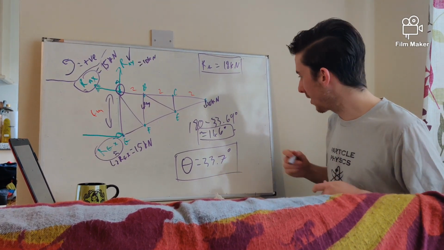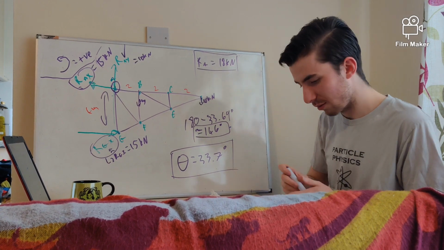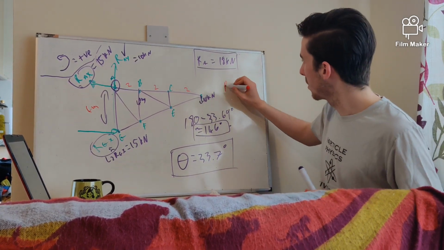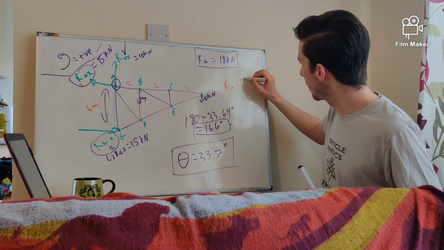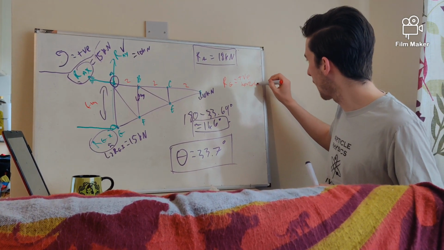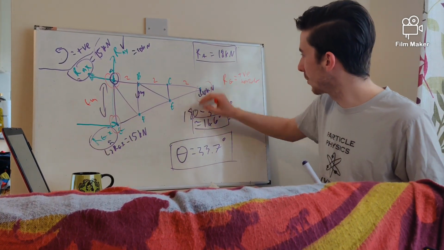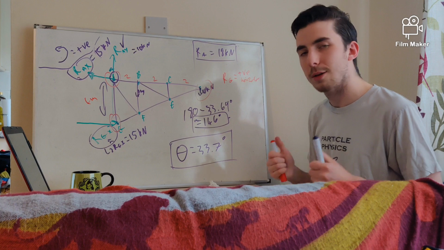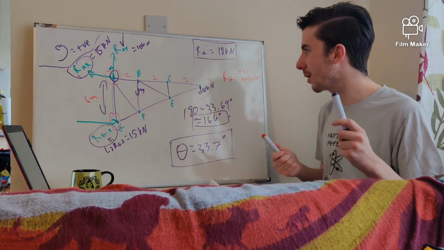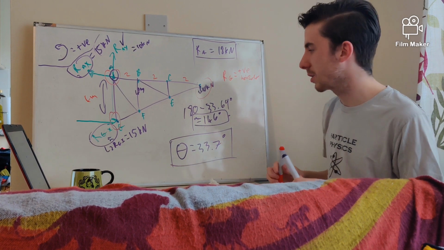So therefore the reaction at G is the positive horizontal one. So we find the reaction force is there, all using one load there. Brilliant. So that's method of sections.